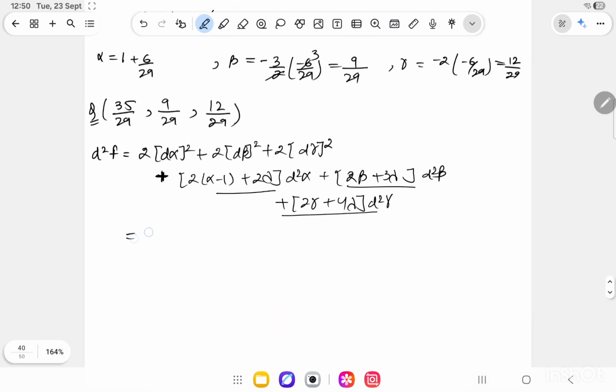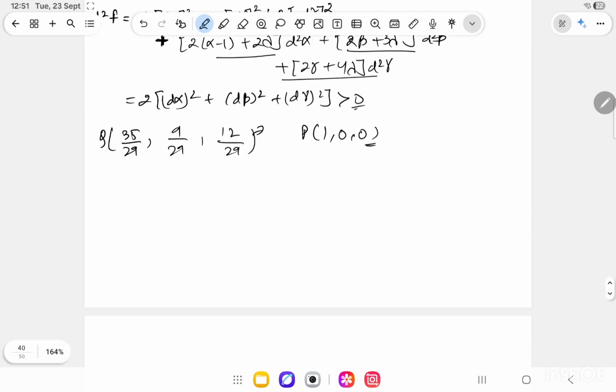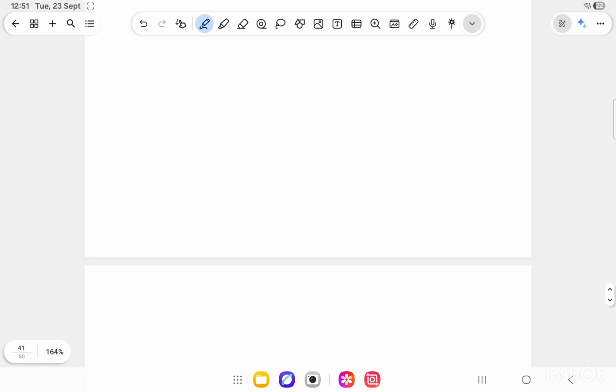So we are left with 2 into d alpha square plus d beta square plus d gamma square, which is always greater than 0. So at this point Q, that is 35 by 29, 9 by 29, 12 by 29 on the given plane, point P, that is 1, 0, 0 is at least distance, and that's what we were supposed to prove in this question.